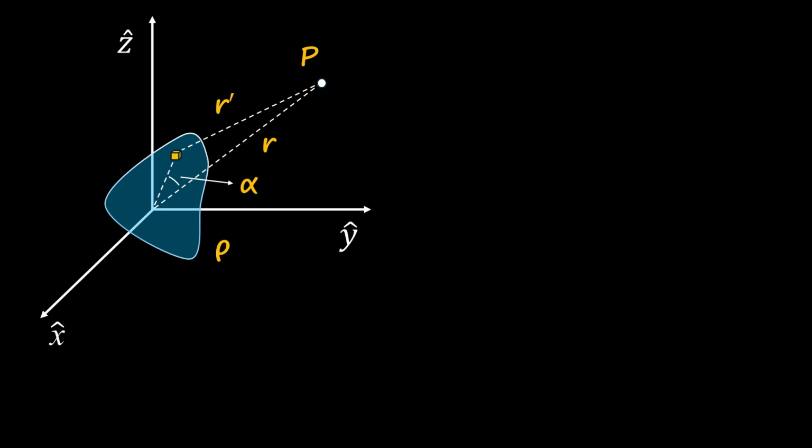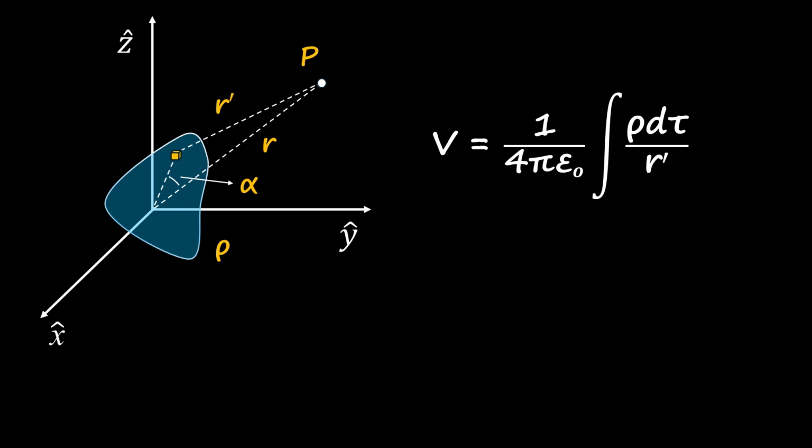So if you want to calculate the potential, then we have to evaluate this integral. Now this integral is very complex, but there is an alternative way where this calculation can be simplified, and that is what we are going to do here.